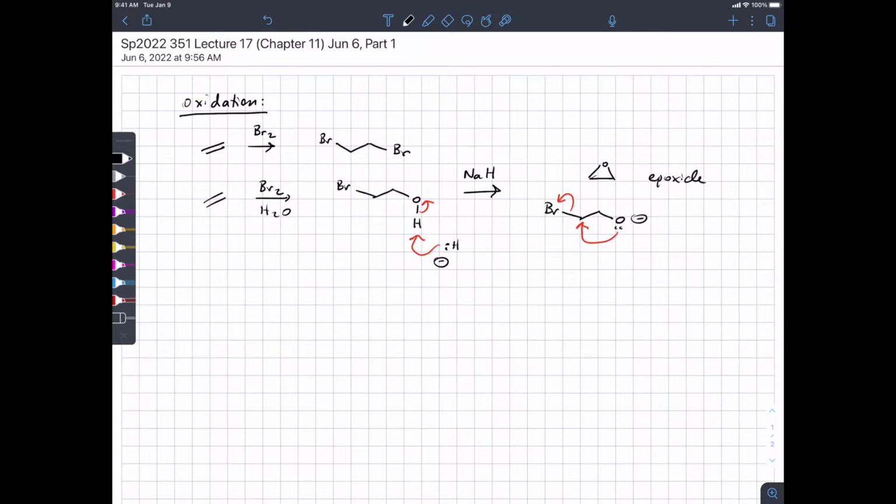So we have this two-step reaction sequence, halohydrin formation, and then deprotonation followed by this intramolecular SN2 reaction to give you an epoxide.